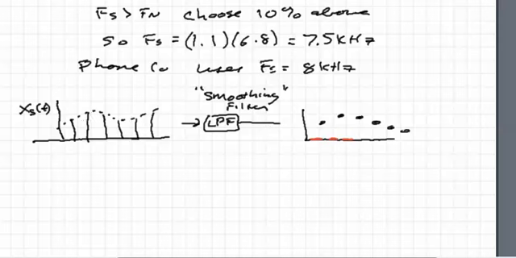The low-pass filter is going to connect the dots, but it does so in a very optimal fashion. Connecting the dots, if you remember, is called interpolation.